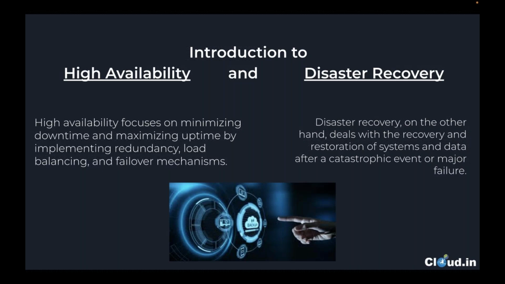So if you have, for example, a server in availability zone 1 and you have the same DR strategy applied to availability zone 2, then if the first availability zone fails because of some climatic disaster or something, you have the other availability zone to which the traffic will be automatically routed, and you won't face any failure.